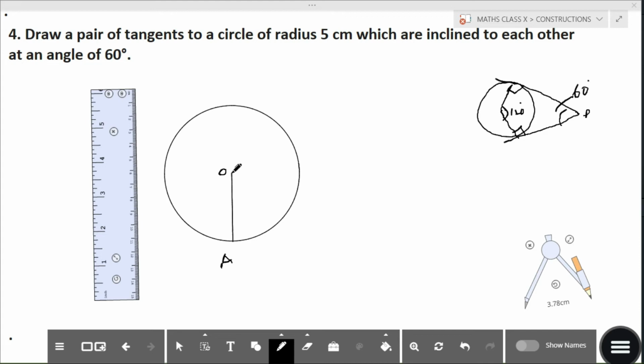So our task is to construct 120 degrees. And you know how to construct a 120 degree angle using compasses. First you put the compass pointer at the center O, take a convenient length and draw one arc from here. From here you put your pointer back at this point and cut two arcs, one of 60 degrees, another of 60 degrees, to get 120 degrees.